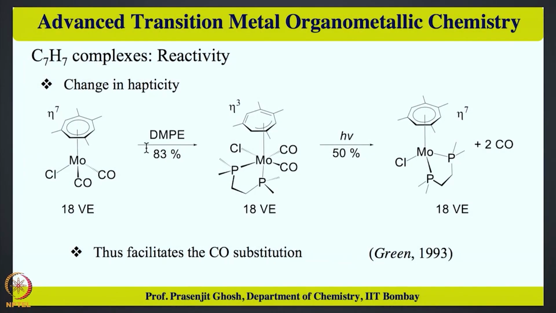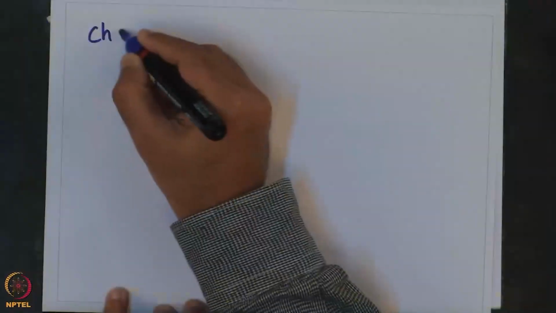This is also an elegant reactivity in which diversified chemistry is seen. So, this is a nice illustration in which the hapticity of the C7H7 ring changes.